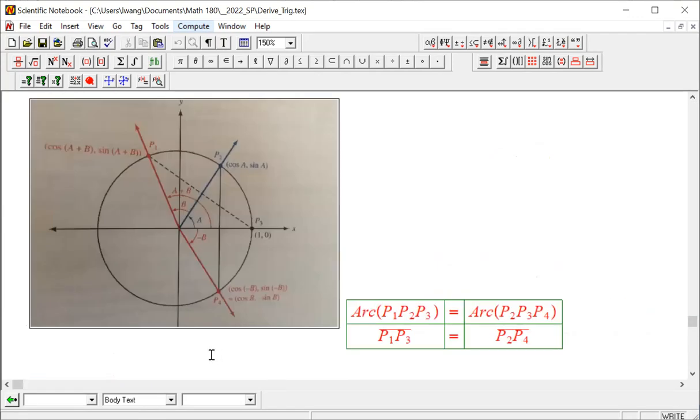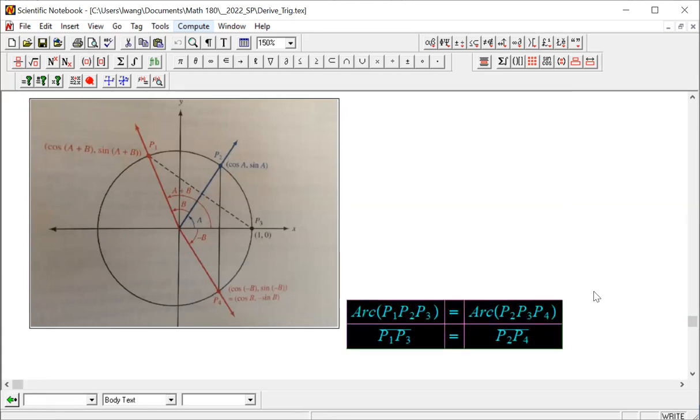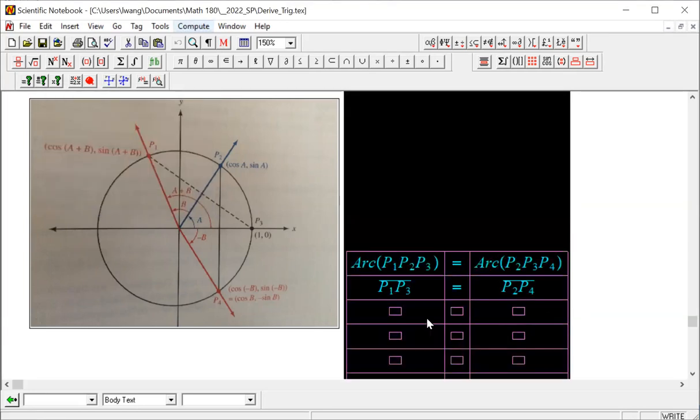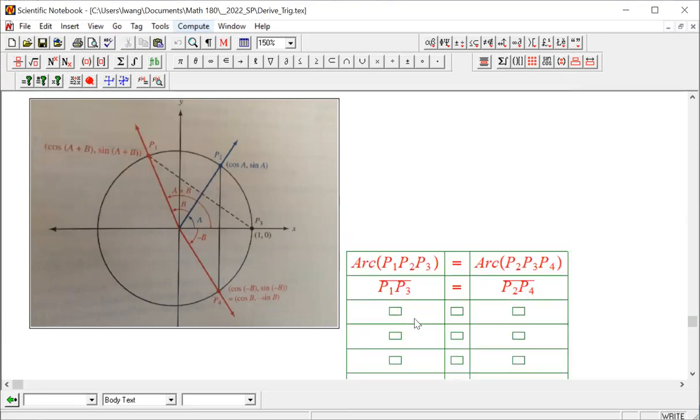Let me insert some rows. There you go. So point P3 is the point (1, 0).